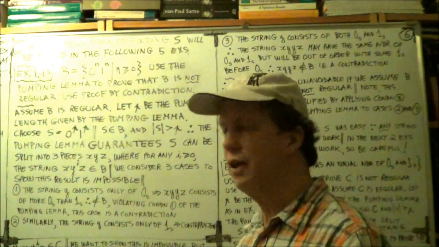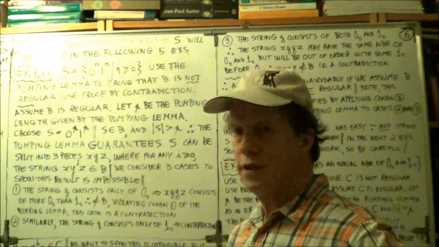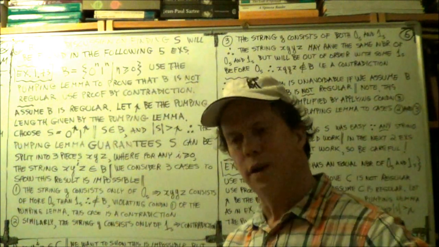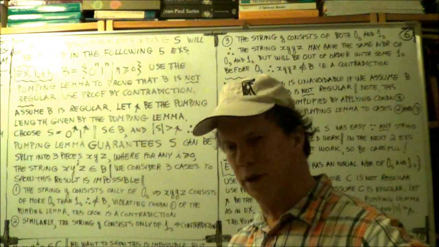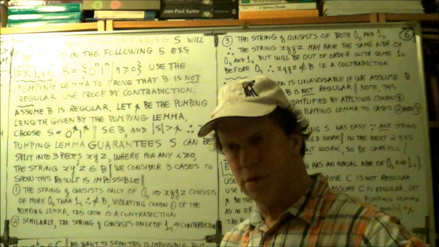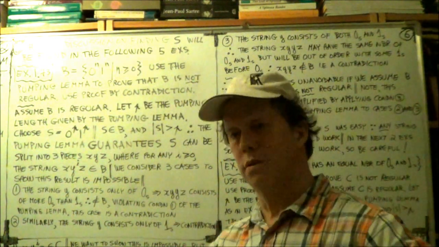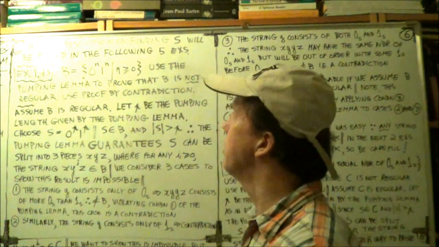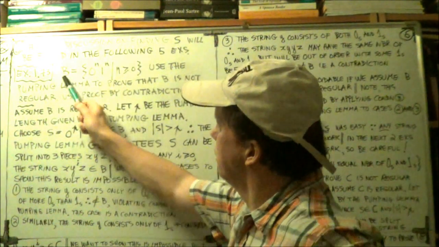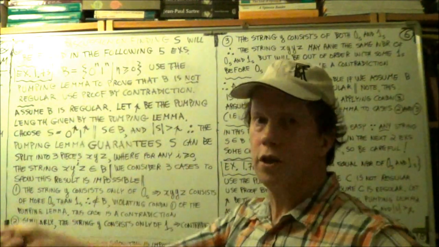The opposite of that would be that it's not true that B is non-regular, or in other words, B is regular. So we start with the assumption that B is regular, and then we get a contradiction.